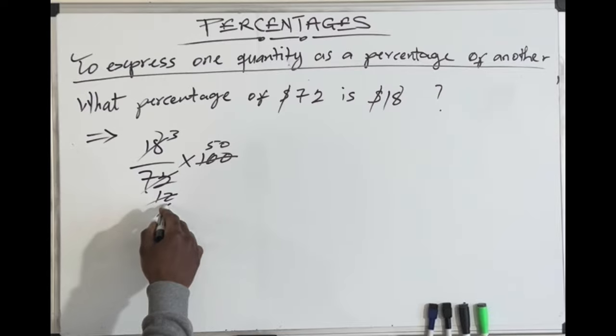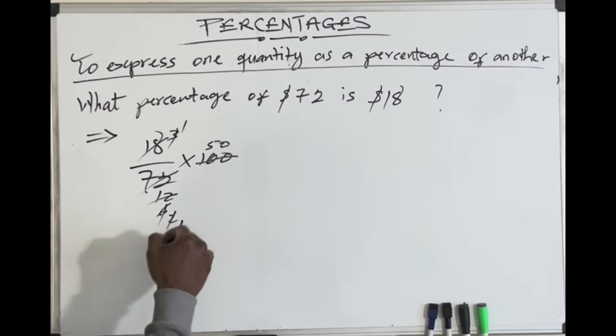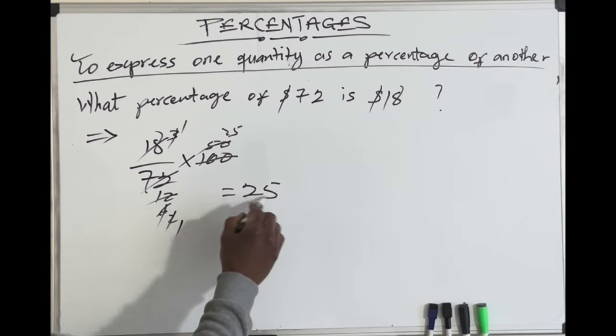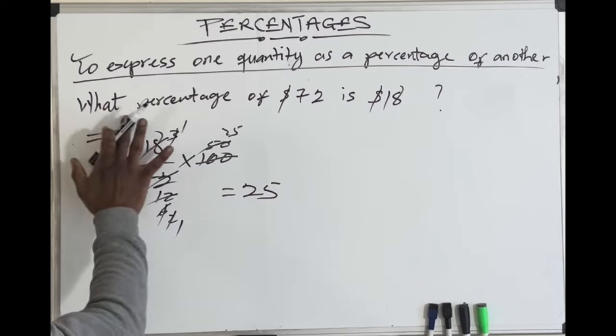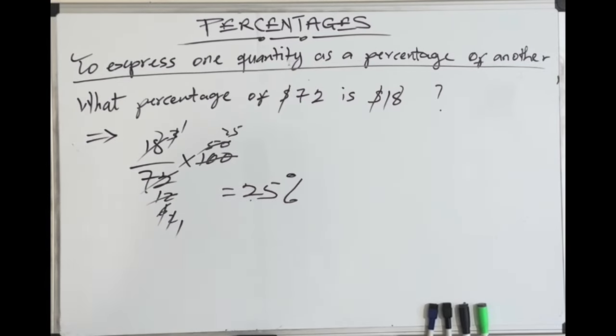Okay, so 3 goes here, 2 goes here, 1. 2 goes here, 1 goes here, 25. So 25 as what percentage? So it's 25 percent. Okay.